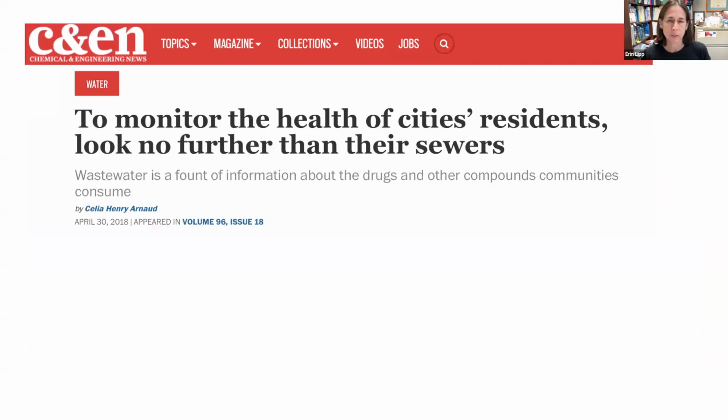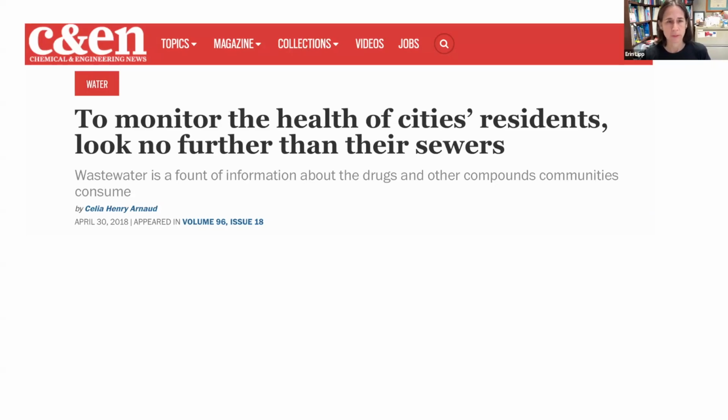The idea of really using wastewater as a barometer of what's happening within a community really started in the 2000s. In 2018, there was a series of papers that was really looking at pharmaceutical use, illicit compound use, to monitor the health of cities' residents.